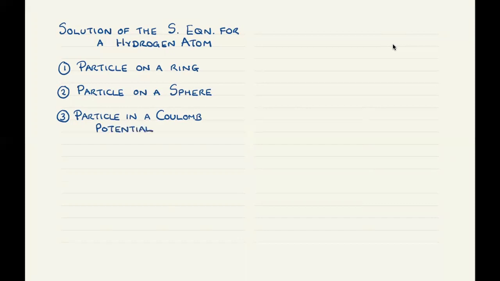So now the particle is not constrained to be at a fixed radius. It can distribute itself towards the center or away from the center of the sphere in order to find the minimum energy solution.